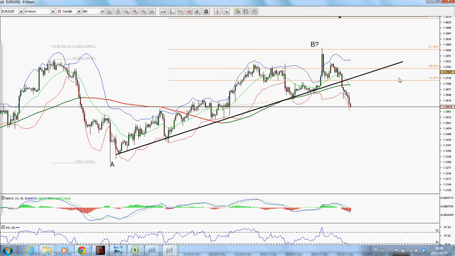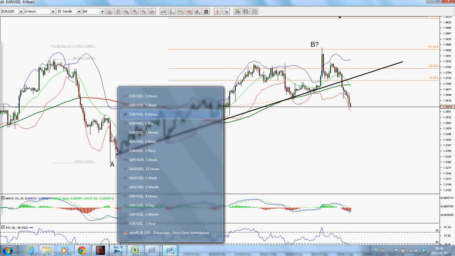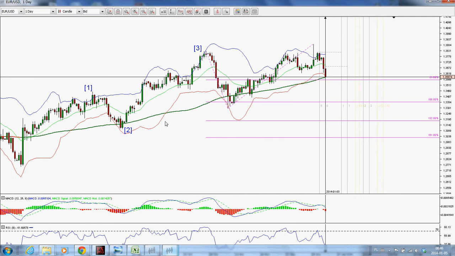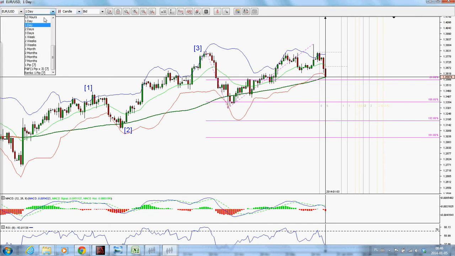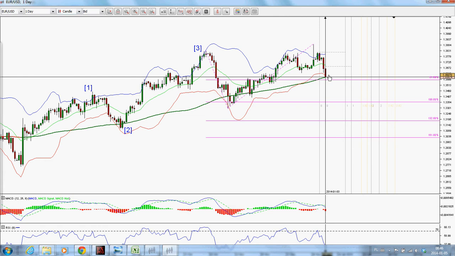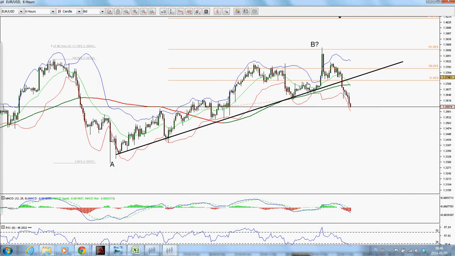So we got two alternative scenarios. Either the bigger downward move I was talking about for the last 2 or 3 weeks, this A, B, and the stronger C to complete the fourth wave in this area, has already started and this is the development of it, or the market is making a correction which will belong to this development, to this C. Why C?